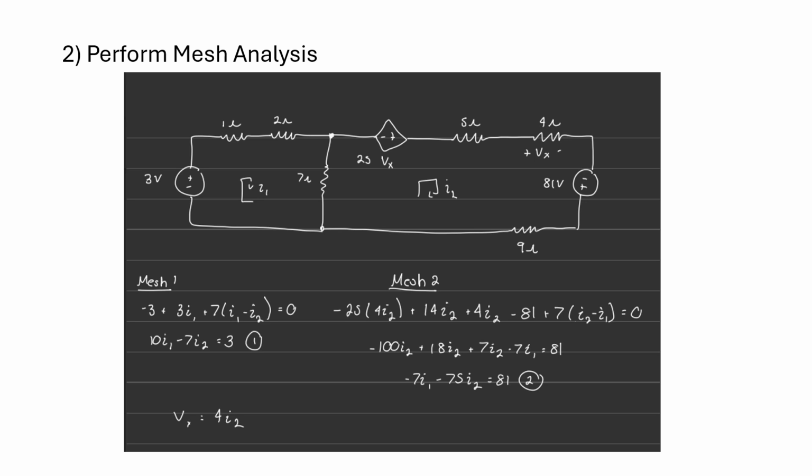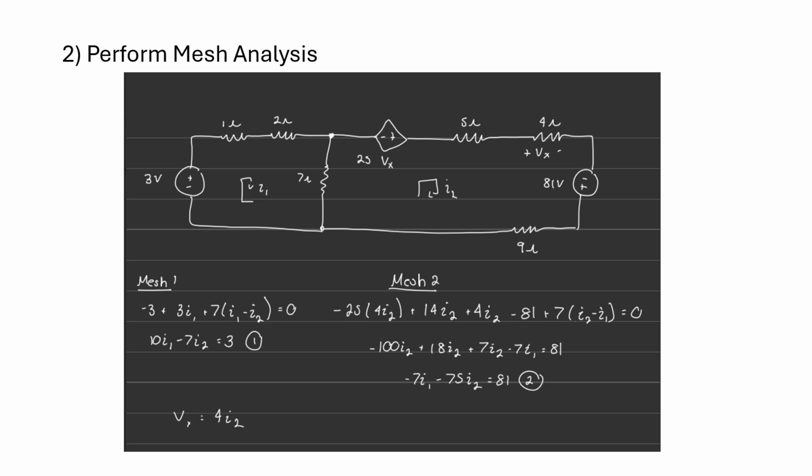The reason why I did I1 minus I2 is because the 7 ohm resistor is between two currents, and we must do I1 minus I2 with I1 being in front because we're analyzing the left mesh. Once we simplify this equation, we get 10I1 minus 7I2 equals 3, and that is our first equation.